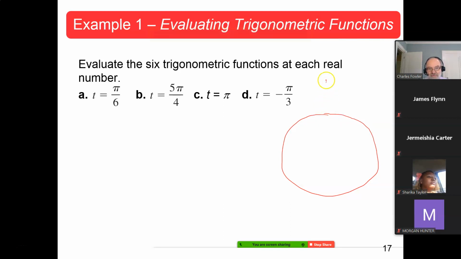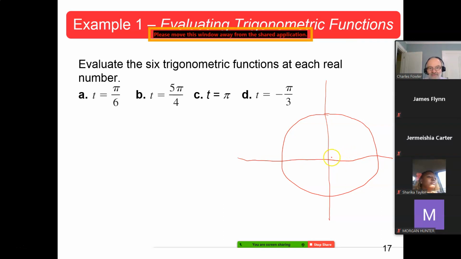Let's imagine we've got a vertical axis, the y-axis, going through it here, and the x-axis going through it there. Those are not very smooth axes. Let's just imagine that is the center of the circle. This is the positive x-axis. Now where is negative pi thirds from the positive x-axis?